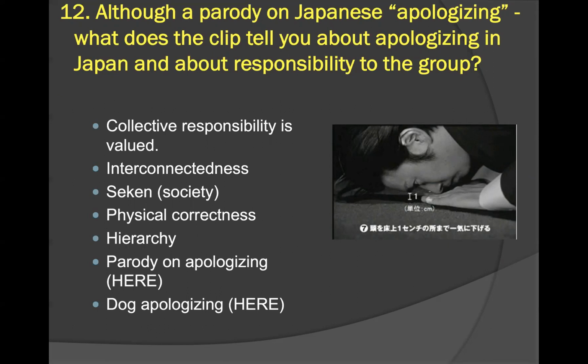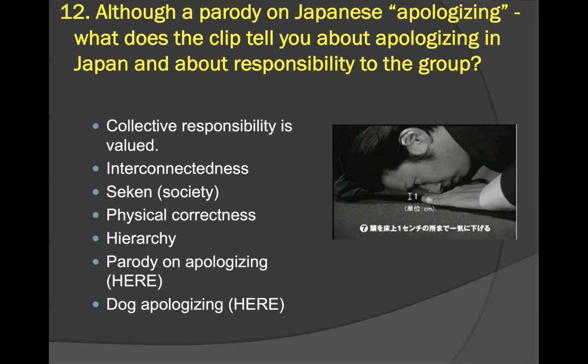But mostly what you see in the video is a sense of physical correctness, that depending on the depth of your mistake, you bow a certain number of degrees to indicate more sincerity or regret. We can also point to hierarchy here, that you bow lower to those in higher power.